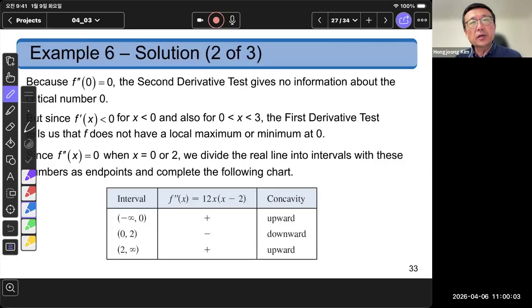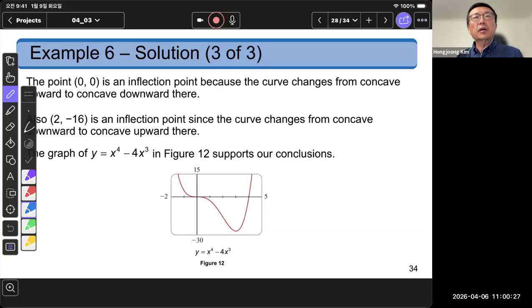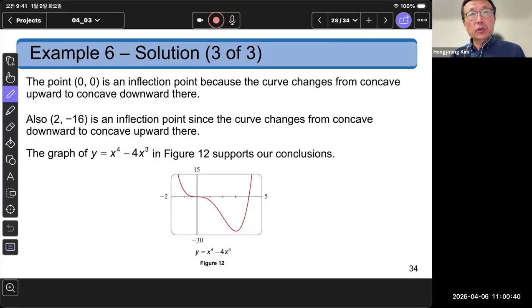So, as I said, by finding the points where f double prime is 0, which are 0 and 2, you split the interval into 3 pieces, and then based on the sign of this f double prime, we could identify the concavity. And then, as I said, by combining the information, if you have a graphing calculator, TI-84, something like that, you can draw the graph.